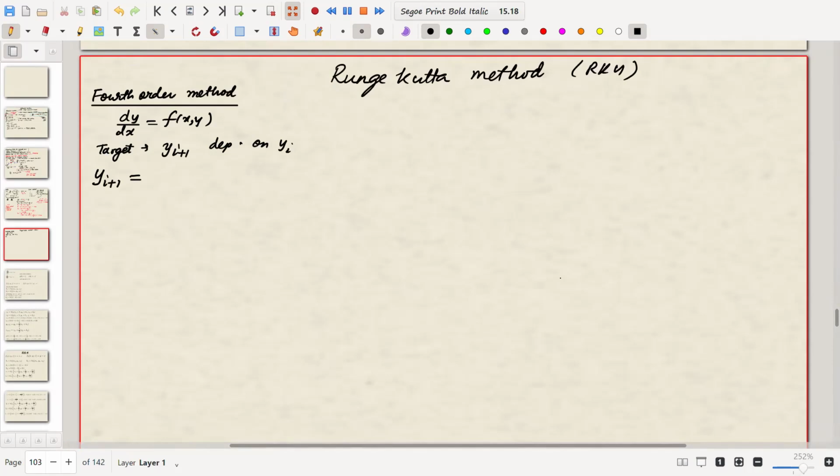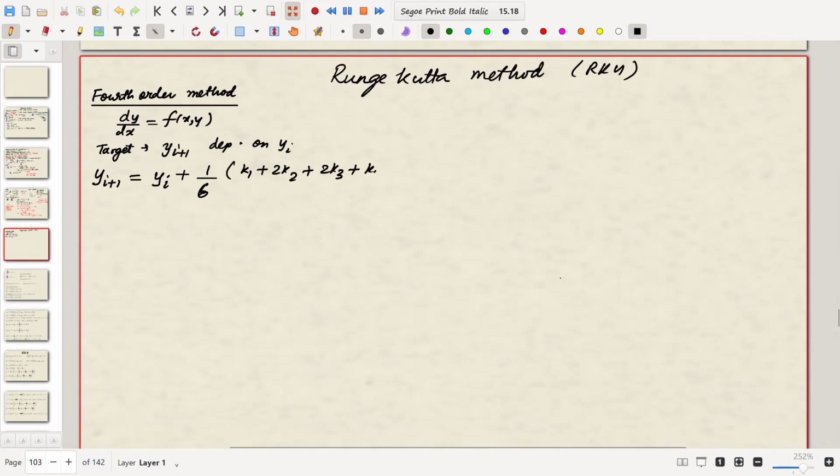Those who already learned can tell. Okay, I will write it for you. y_{i+1} is obviously depending on y_i, plus there is something unintuitive: you are taking a weighted average. So you will see a big expression here, that is 1 by 6 times k1 plus 2k2 plus 2k3 plus k4.